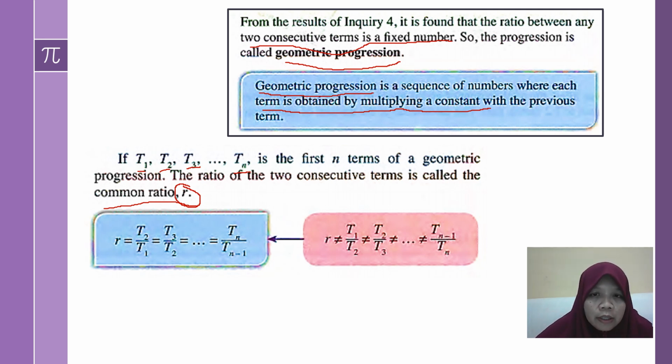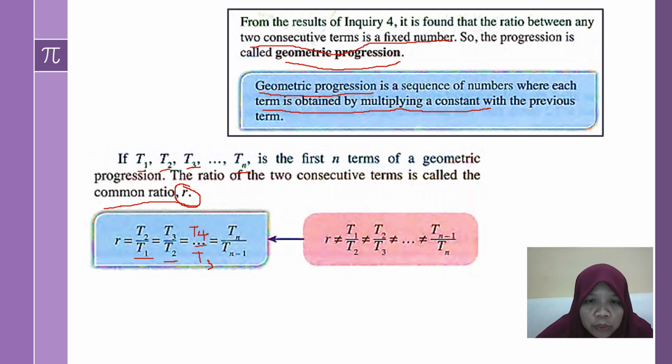We find the ratio between two consecutive terms. So r is equal to T2 over T1, or T3 over T2, or T4 over T3, and so on until Tn over Tn minus 1.